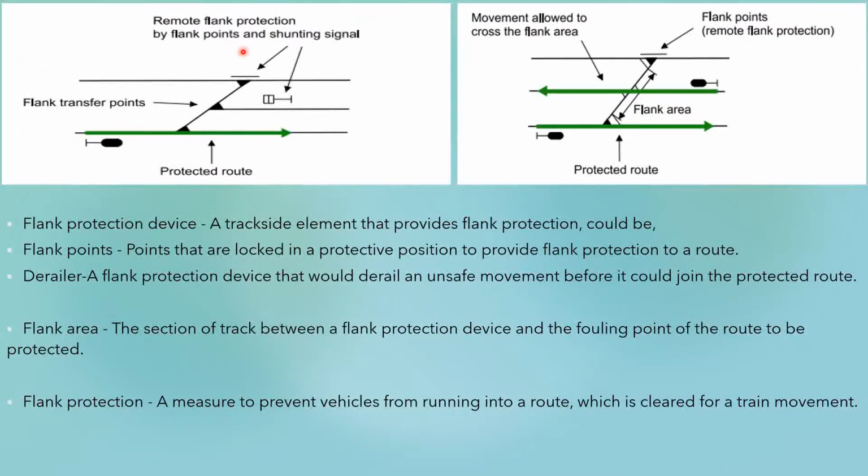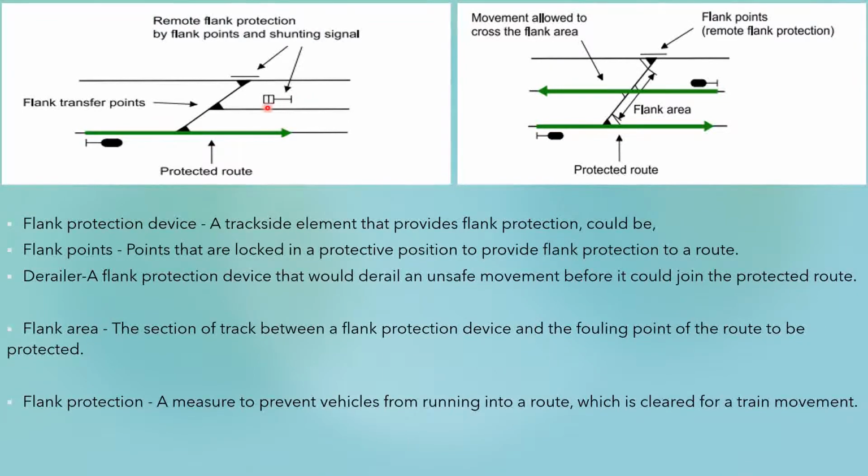As illustrated here in the diagrams, this is a flank point to protect the main line, or the main movement here on the main line. This is a shunting signal. It is used for this shunting line or a shunting movement.